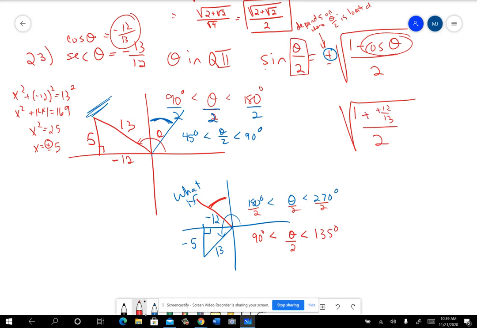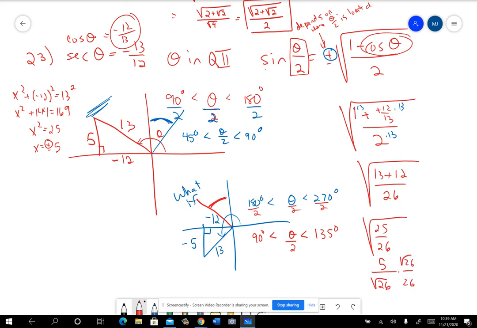If I multiplied everywhere by 13 to get rid of that fraction, I'd have the square root of 13 plus 12 over 26, square root of 25 over 26. That'd be 5 over the square root of 26, and then I'd have to rationalize it. And I'd wind up with 5 square root of 26 over 26. There you have it. Okay, so that's problem number 23.